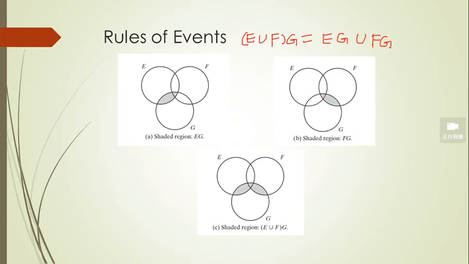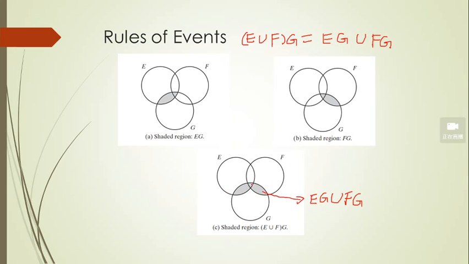Now those two parts, part A and part B, we will do the union, which means combine all the outcomes in those two parts together. So we will shade both, right? This part actually represents the right side, EG union FG.